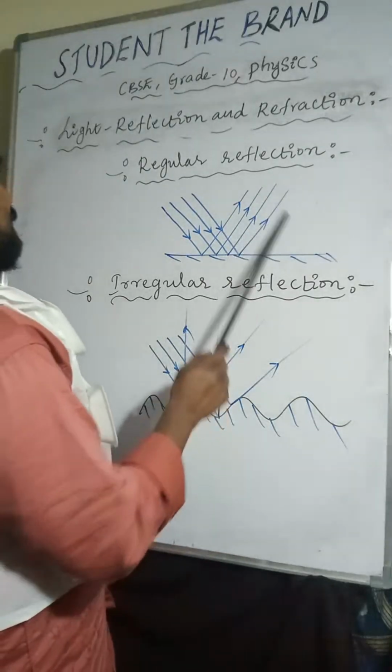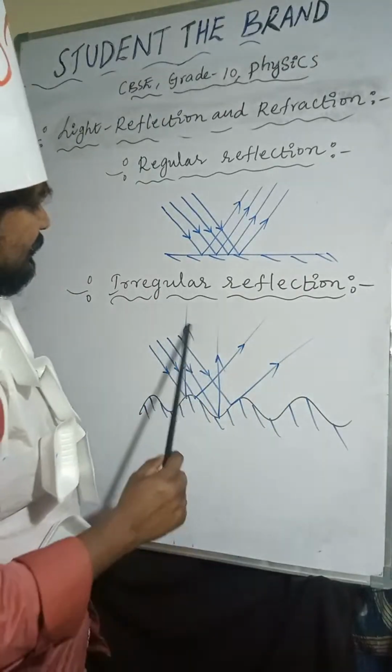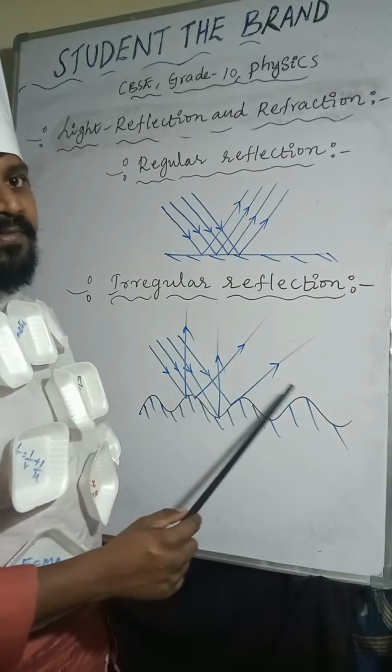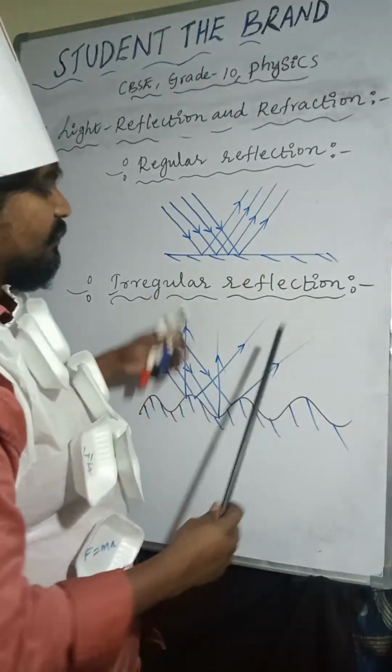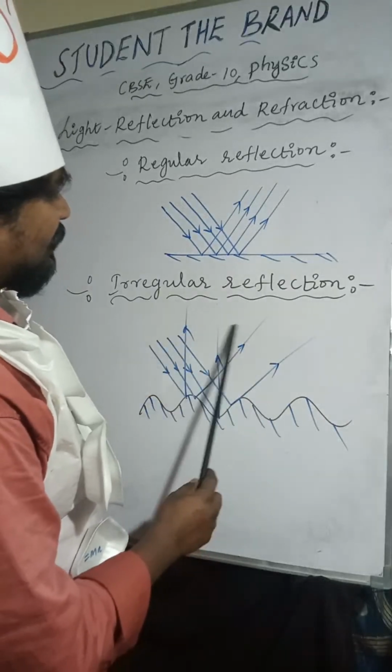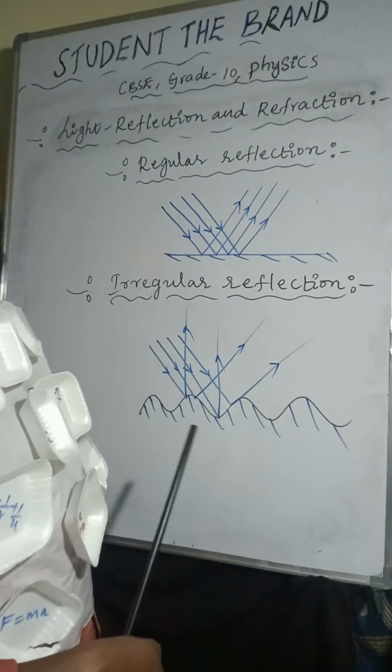But in irregular reflection, incident light rays are parallel, but reflected light rays are not parallel; they are moving in different directions.